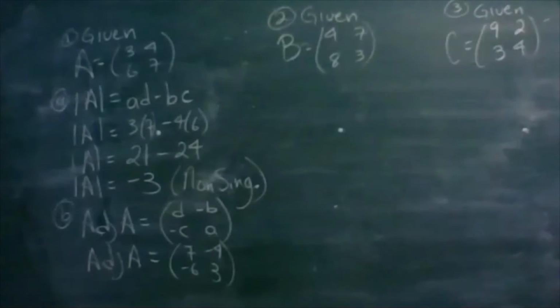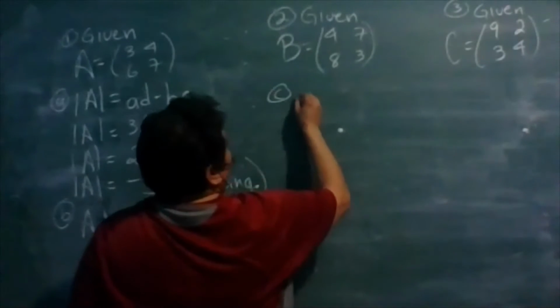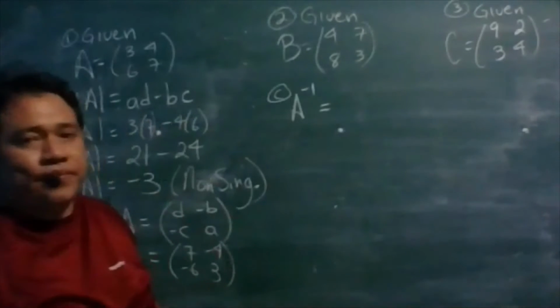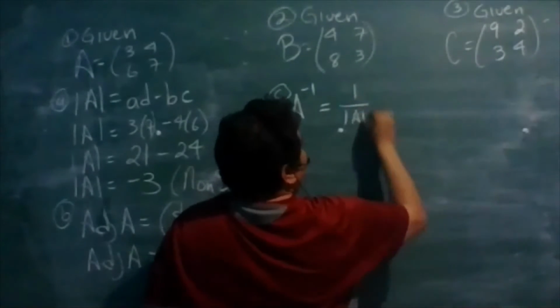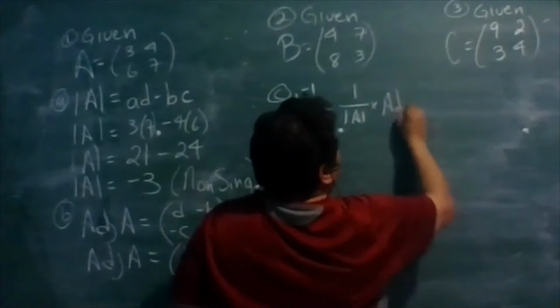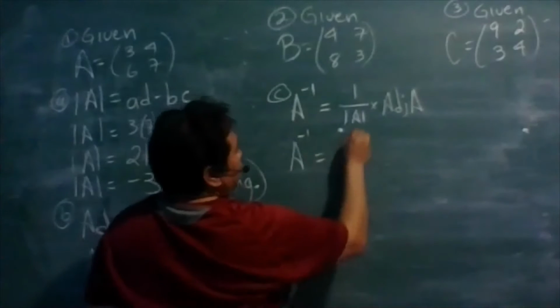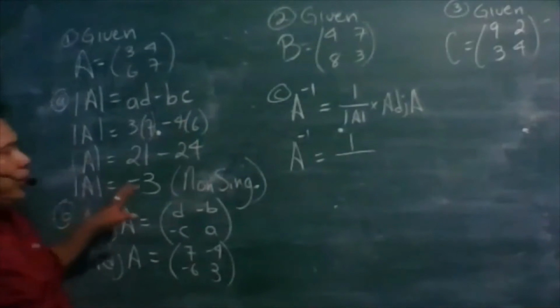Okay. So for the third part, C, we are looking for what is called the inverse of A. And the inverse of A is 1 over the determinant times the adjoint of A. So A to the -1 is 1 over the determinant. We found it to be -3.